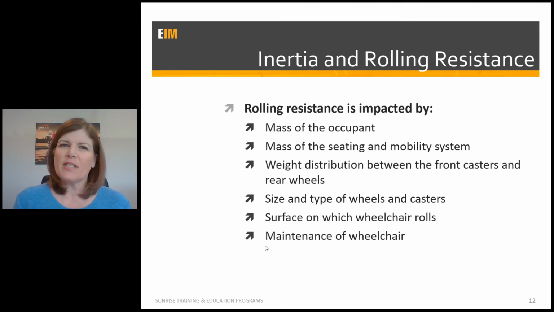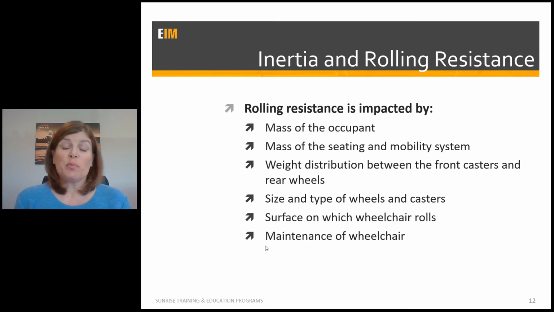Something else that influences rolling resistance is the mass or weight of the seating system combined with the weight of the wheelchair. Now, this isn't going to be the only thing that influences rolling resistance, but it is one of the factors.